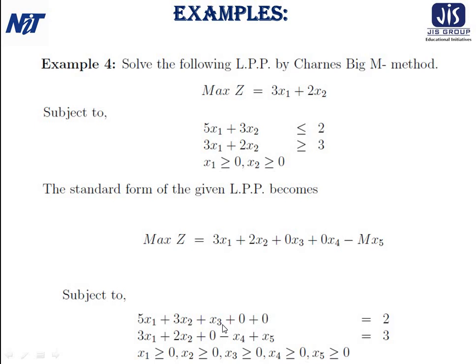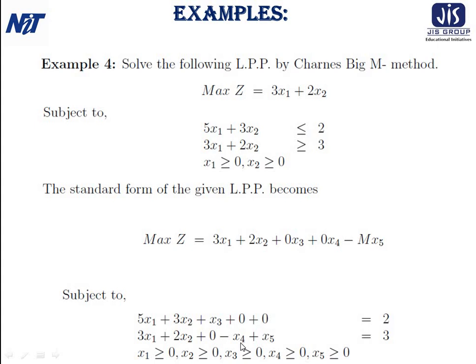The coefficients of x3 are 1, 0, so it is forming one column, and x3 is one basic variable. The coefficients of x4 are 0, minus 1, but the other column of the identity matrix is 0, 1, so x4 is not a basic variable.